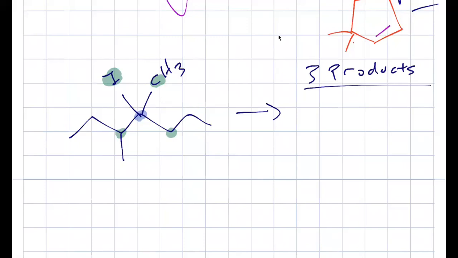All right, so we're going to get 3 products. Somebody tell me, if I start here, and then let's say if I start on this side, what's that product going to look like? Feel free to annotate if you're able.